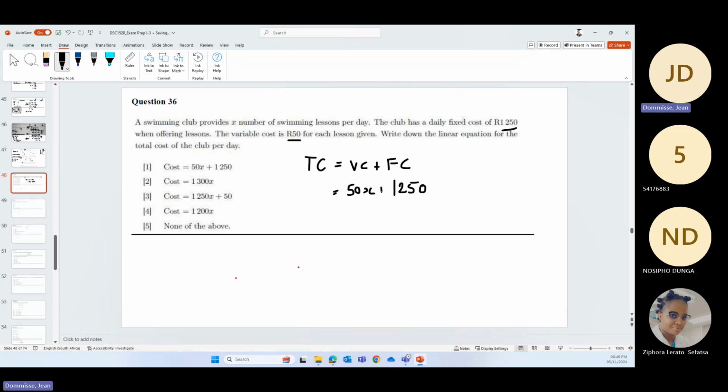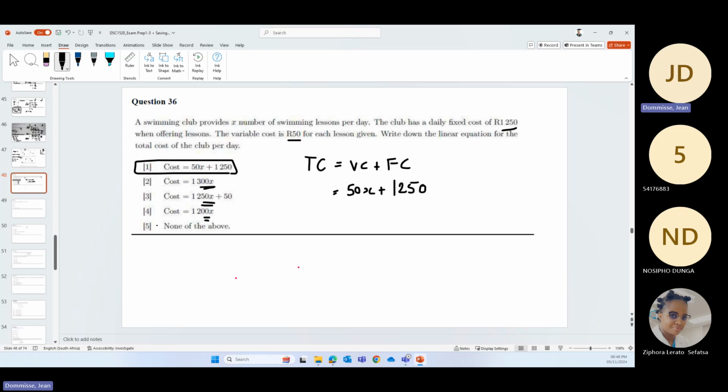So our total cost function will be 50x plus 1250. Okay, so there is our total cost function. If you set 50 plus 1250 and multiplied that by x, there is an answer. If you set 1250 times x plus 50, there is an answer. If you set 1250 minus 50 times x, there is an answer.